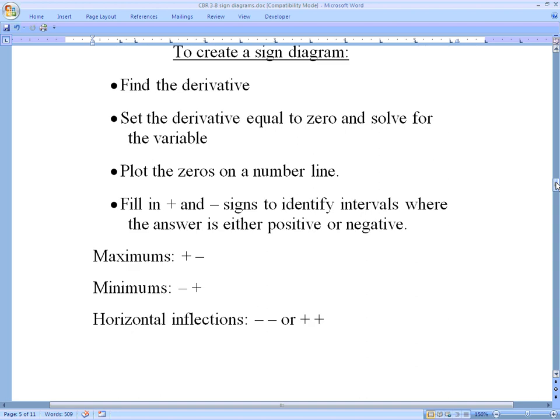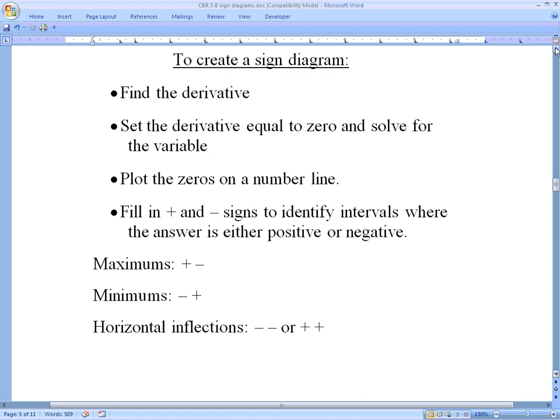To create a sign diagram, you may want to pause the video right here to write this down. We find the derivative. Set the derivative equal to 0. Then we plot the zeros on a number line, and by a number line, I literally mean a horizontal line where you just throw the numbers on there in sequential order. And then we put in our plus and minus signs to identify intervals where the answer is either positive or negative.